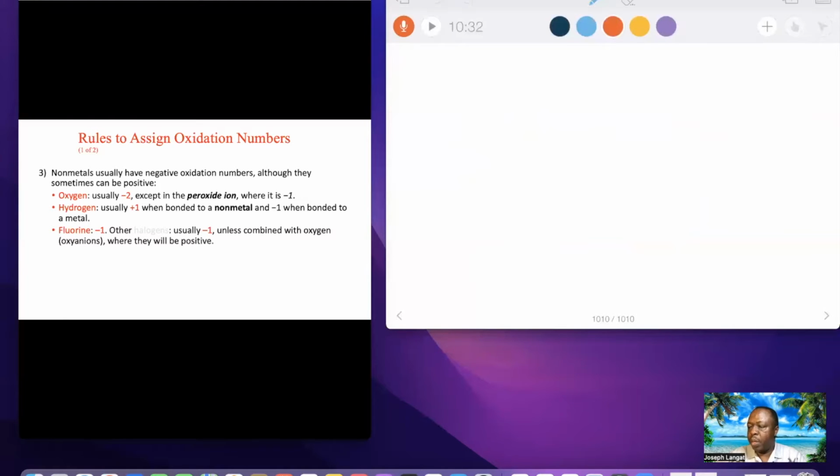Non-metals, remember, oxide, sulfide, nitride, phosphide, just to give you a few examples, iodide, fluoride, they have an oxidation state corresponding to the charge. Although sometimes, such as oxygen when it is in peroxide, it can have -1.